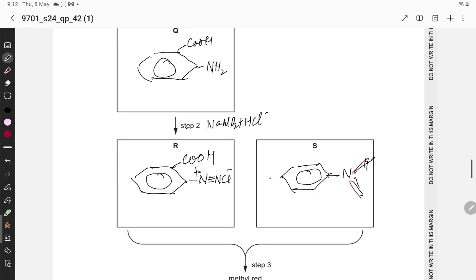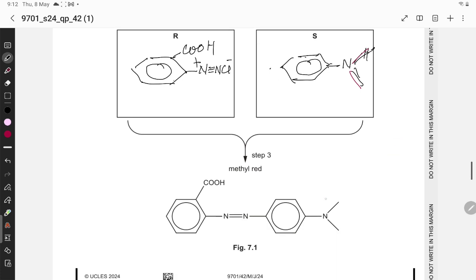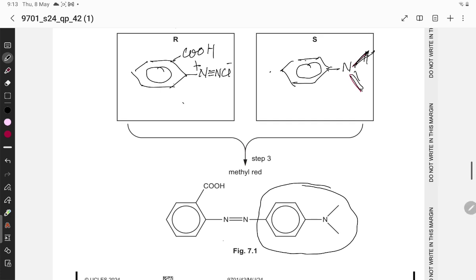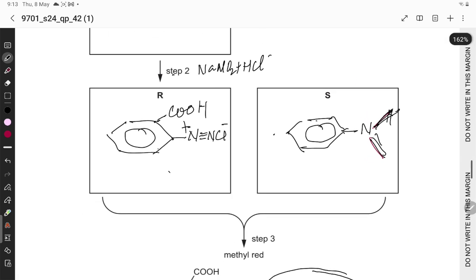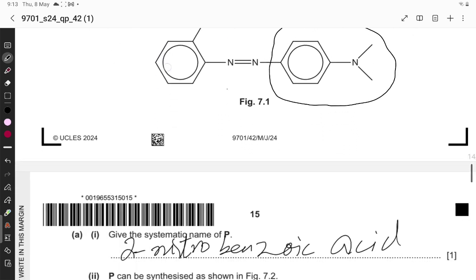So the temperature is below 5 degrees centigrade, we get this compound, and then this compound is combined with phenylamine, and by condensing phenylamine and this salt, we get this compound.